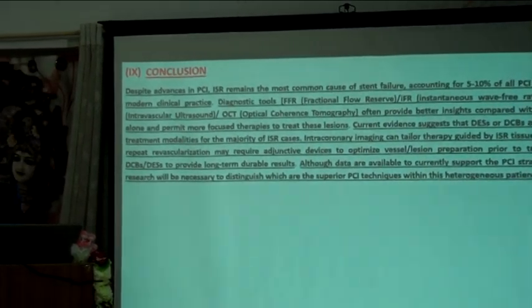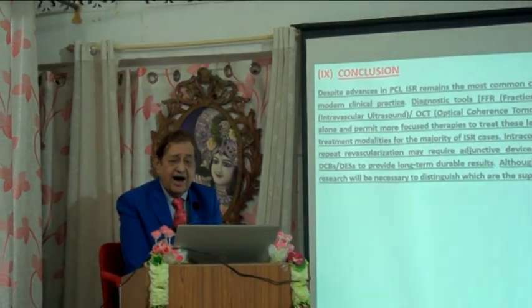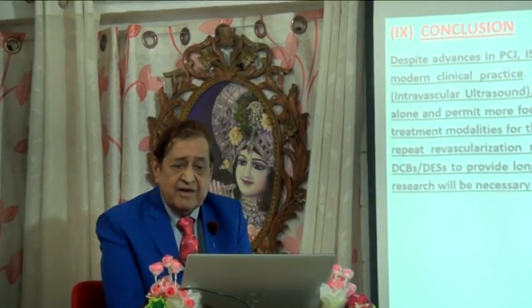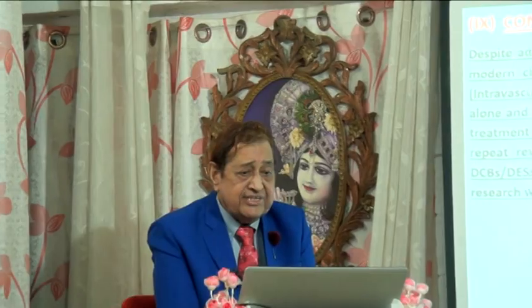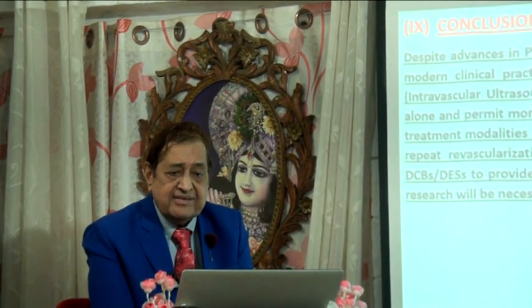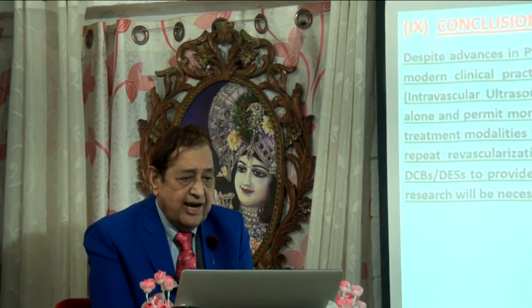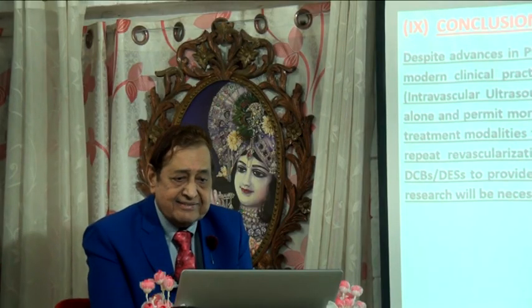Diagnostic tools like FFR, fractional flow reserve, iFR, instantaneous wave-free ratio, IVUS, intravascular ultrasound, and OCT, optical coherence tomography, often provide better insight compared with angiography alone and permit more focused therapies to treat these lesions.